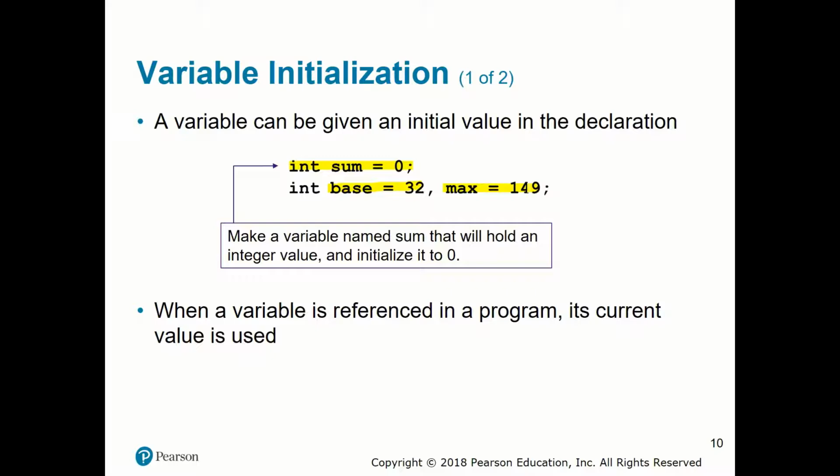A variable can only have one value at a time. Therefore, when a new value is assigned, the old value is lost and the new assigned value remains. So when a variable is referenced in a program, its current value is used. Once we lose the value previously stored, there is no way to retrieve that data. So you must be careful when you assign a value to a variable.